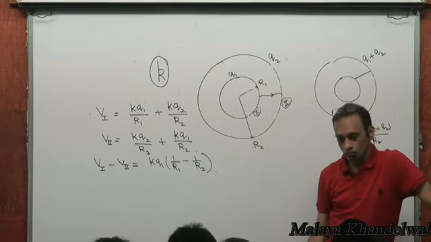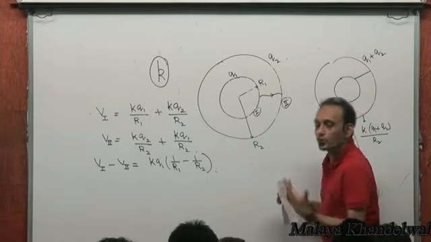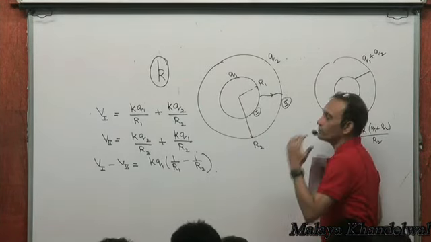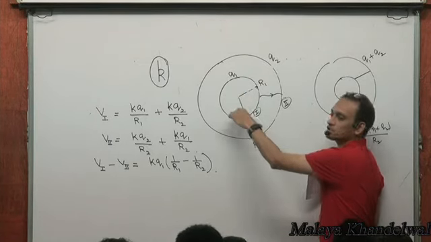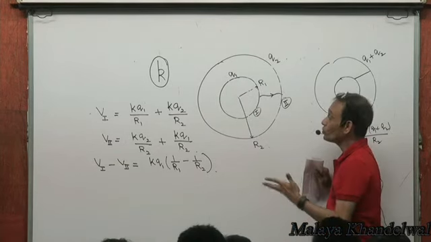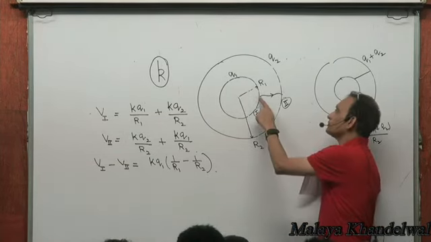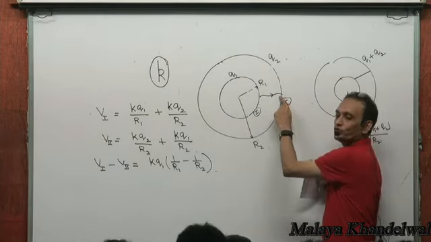What would have happened if it was not a conductor? If it was not a conductor, then if you give it charge q1, it may not necessarily uniformly distribute itself, right? Then all those rules will not apply. If this was a non-conductor and there was charge here and here and here, then there would be no flow.